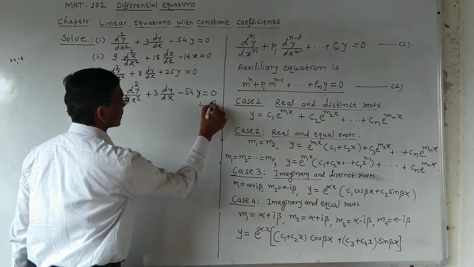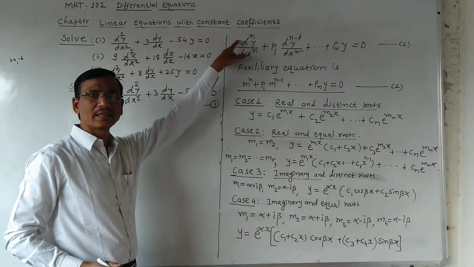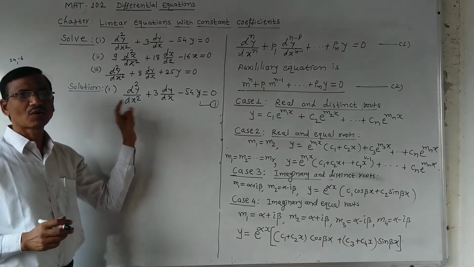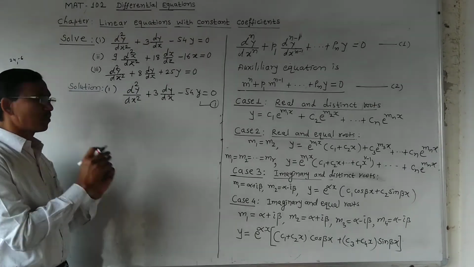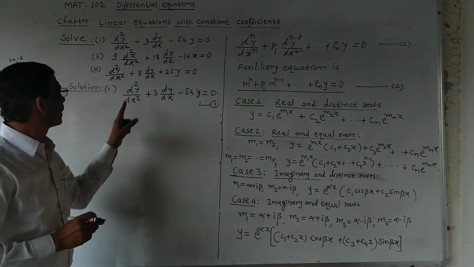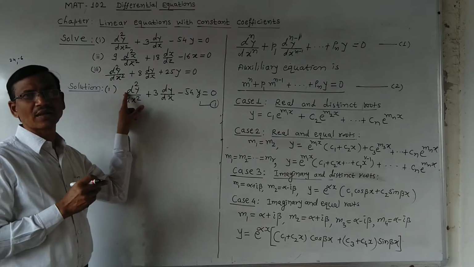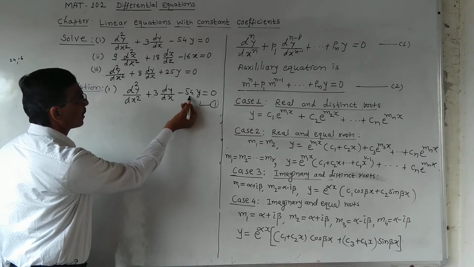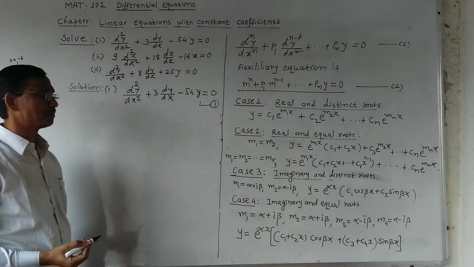This is our first equation. It is a second order differential equation with constant coefficients. At the time of writing the solution, write the given differential equation and then write that it is a second order differential equation with constant coefficients, because the coefficients are 1, 3 and 54.